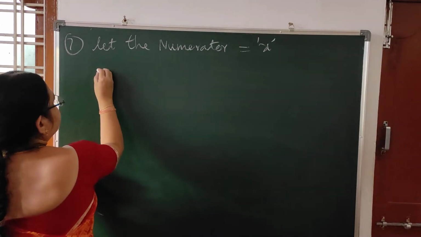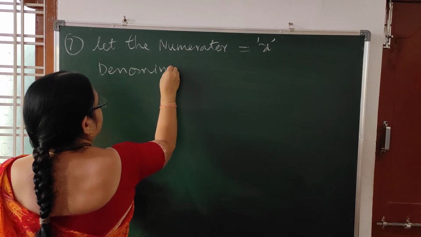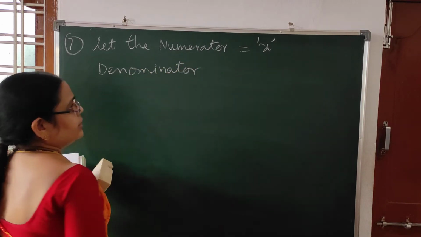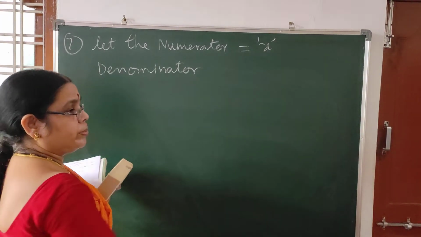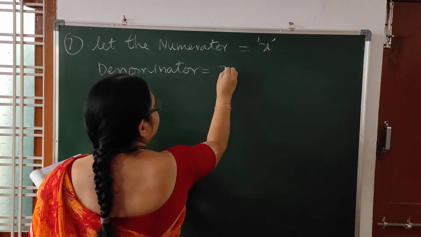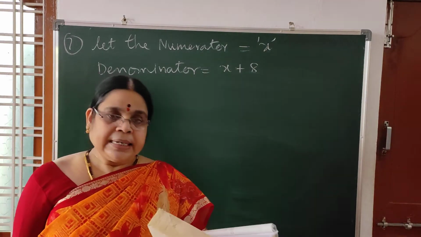So the denominator is 8 greater than the numerator, so the denominator is x plus 8.